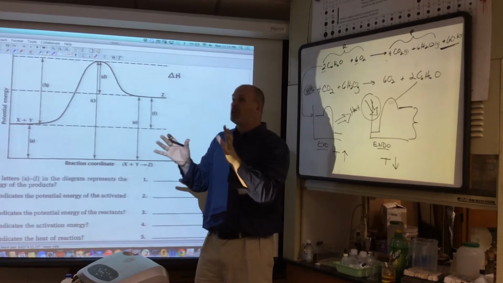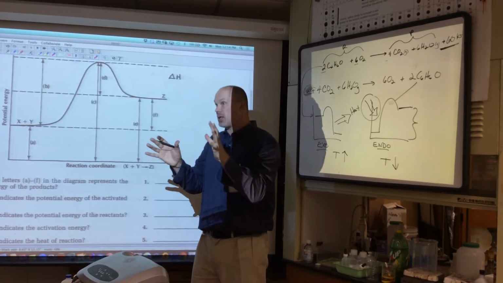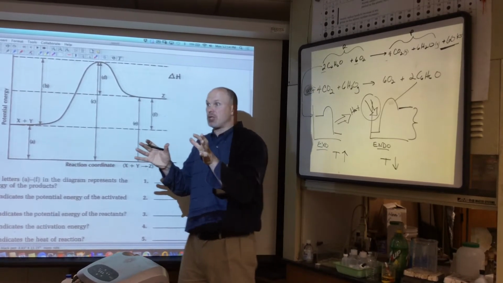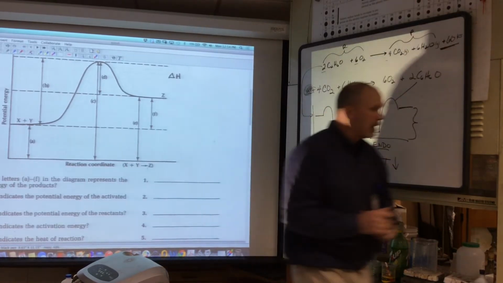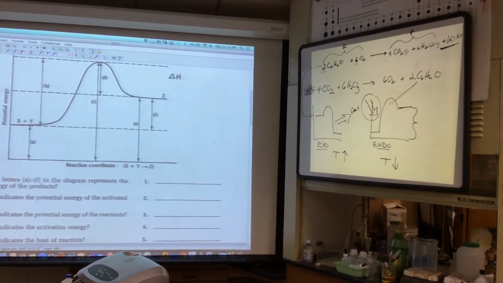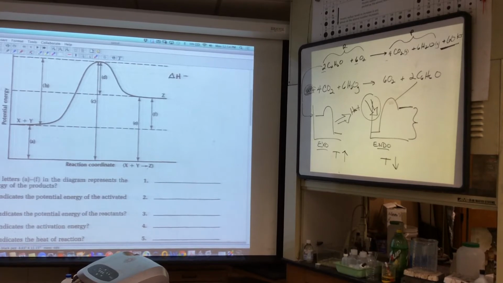So by convention, you will see this as a choice. What's the definition of delta H? And you will see it written as delta H is equal to the potential energy of my products minus the potential energy of my reactants.